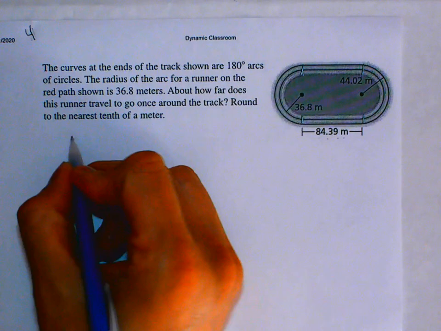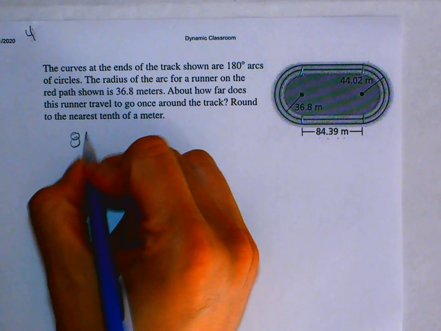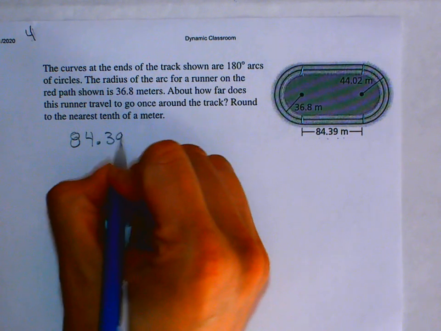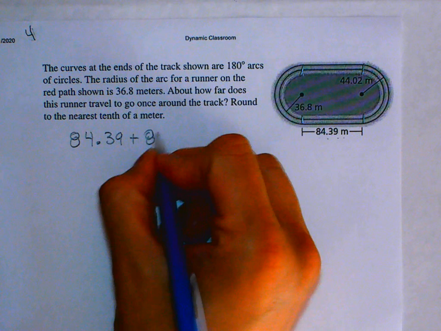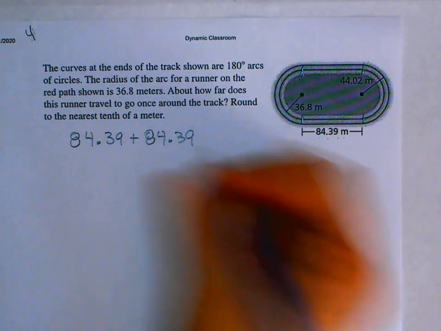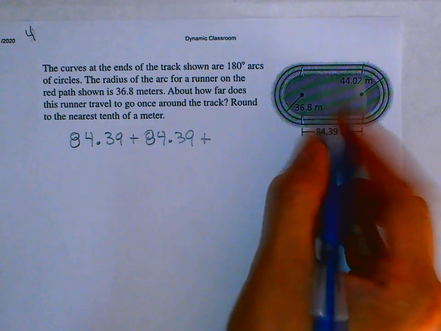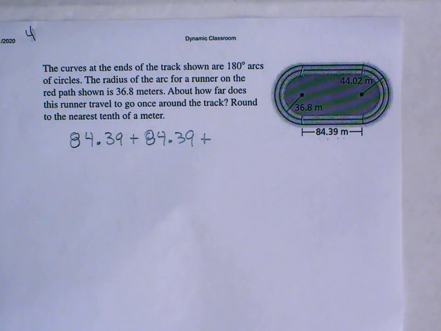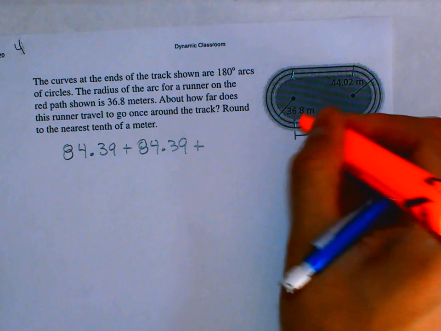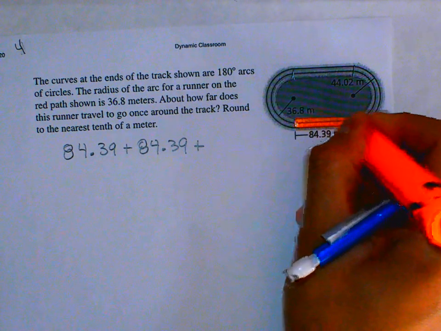So whatever that's going to be, I have 8.39 plus 84.39 plus 84.39. Now, that's going to be this distance and that distance. Let me use the highlighter to show you guys what I mean. So that's the distance from here to here.